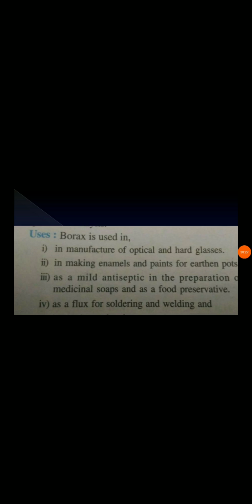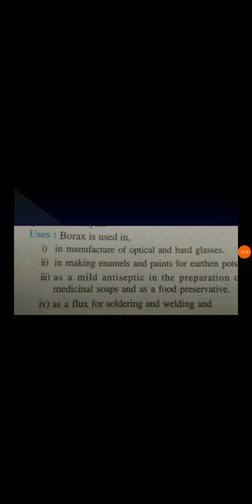The aluminum oxide is used for welding purposes. If railway tracks are broken in between, that oxide is used for jointing. Like this, borax is used for soldering as well as welding.